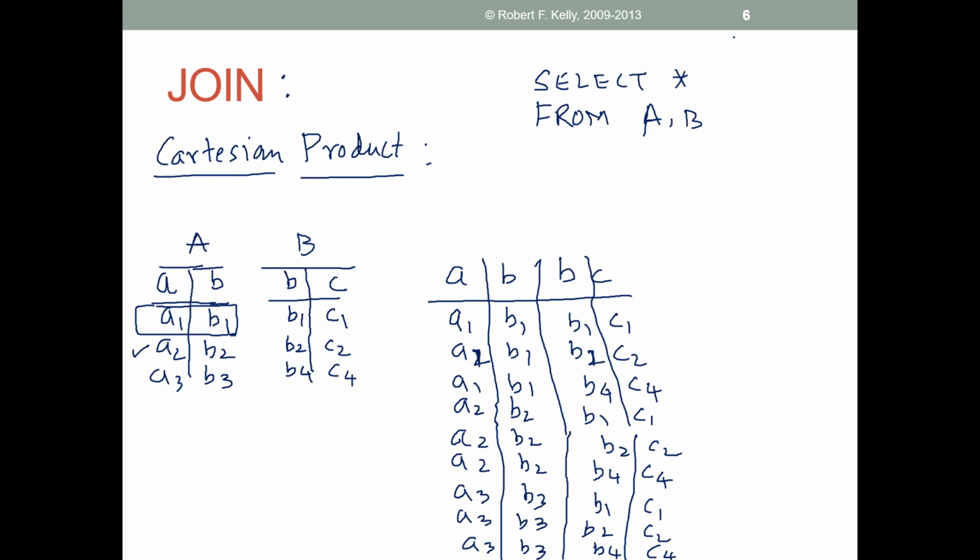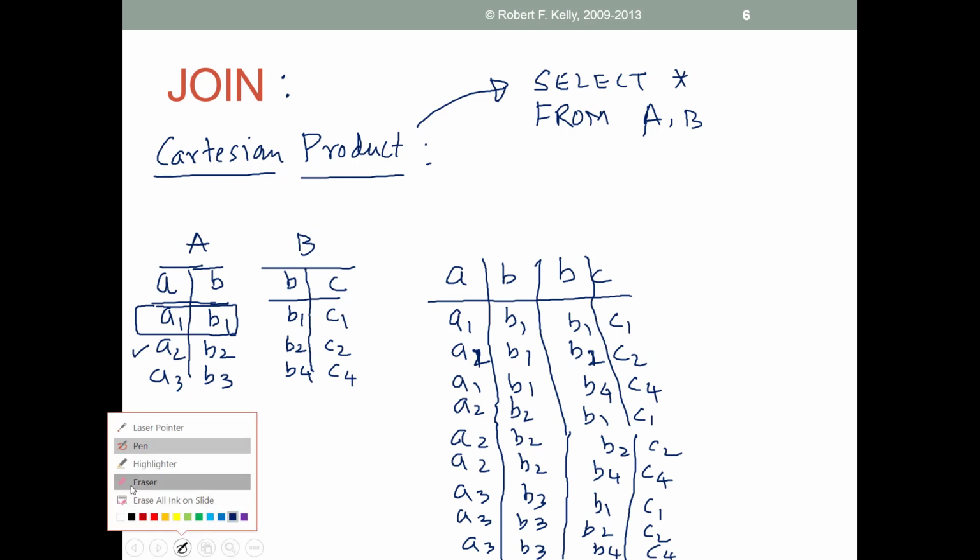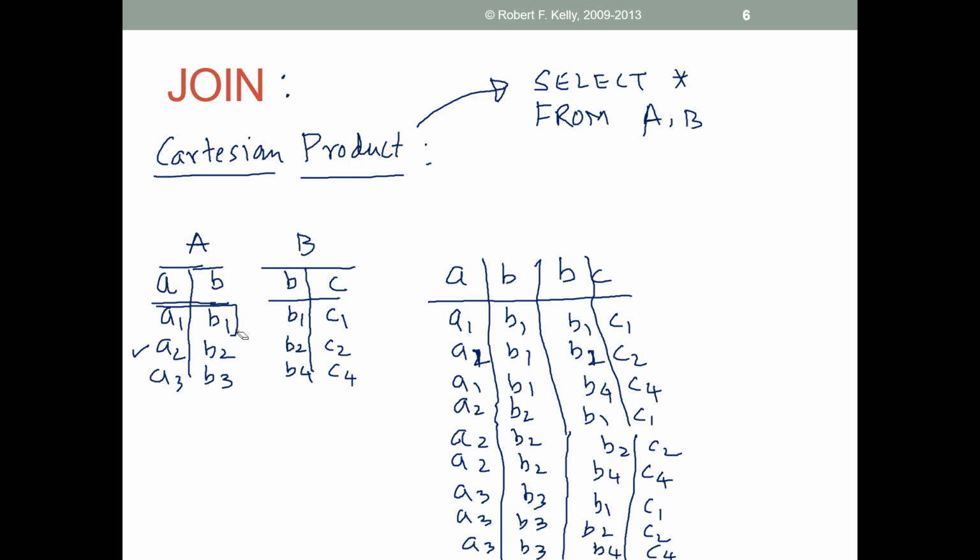The understanding of the Cartesian product is important before we learn about join. I should remove this box as well. Now it's better.